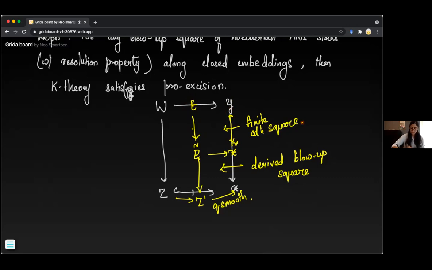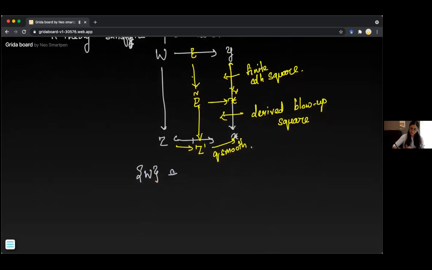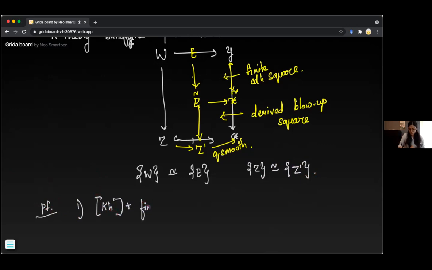And then as formal schemes, this W and P are just isomorphic, and your Z and Z prime are pro-equivalent, that is. Okay. So then the proof is: first use the excision for quasi-smooth blow-up along with finite pro-excision to show pro-excision for this square, so pro-excision for 1.